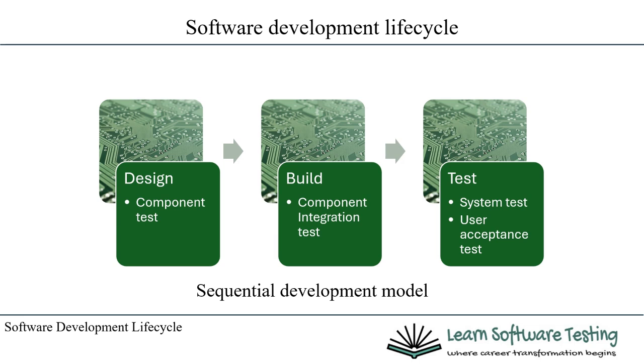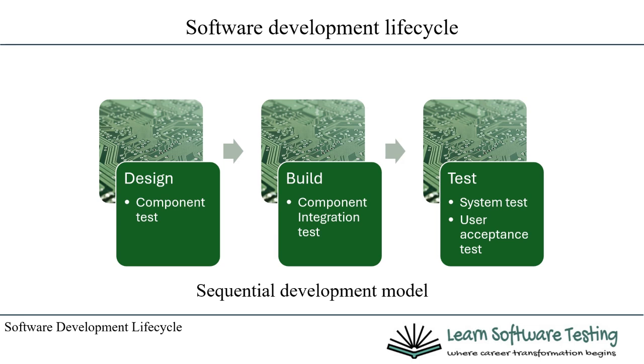If you look at the diagram in this slide, you can see that the first activity is the design stage. The design stage is where we gather the requirements and identify what we need to achieve in this project from a technical perspective, what components or modules we need to build for this software, and what the various design activities are that we're going to carry out.